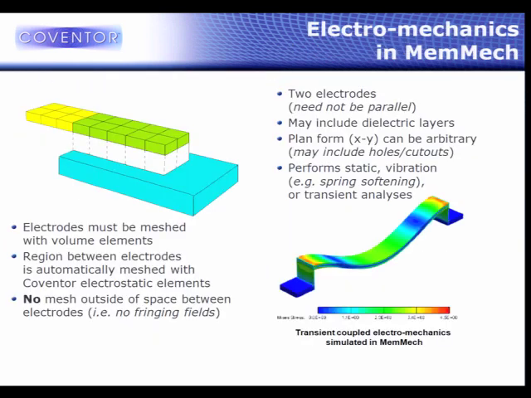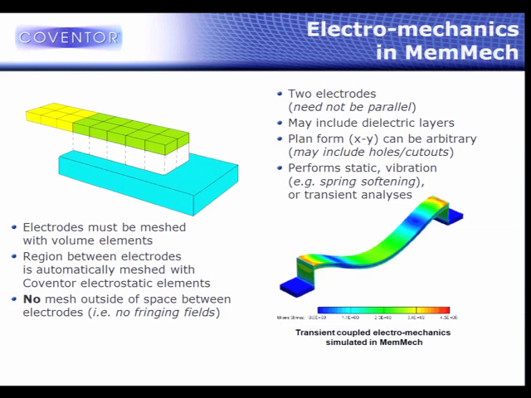For the new electromechanics in MEM-Mech, you don't have to mesh the air volume; you use a volume mesh on both the moving part and the static electrode, and define a boundary condition so those two know they're talking to each other. Then the solver automatically generates these electrostatic elements. You can have whatever shapes you want on either the moving or fixed electrode, and it performs static analysis, harmonic analysis, and transient analysis.